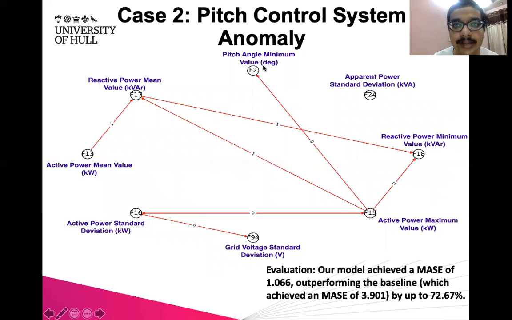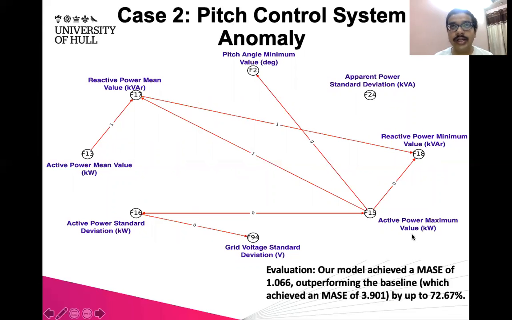And you can see that pitch angle and active power are related. So it clearly shows that the pitch angle is affecting the turbine dynamics for the power. So a relationship P to Q implies that P is causally affected by Q.